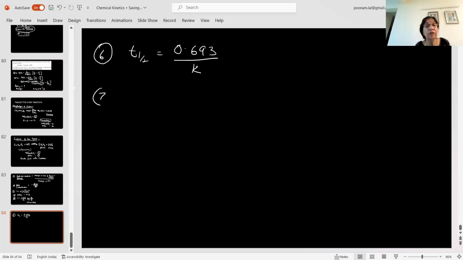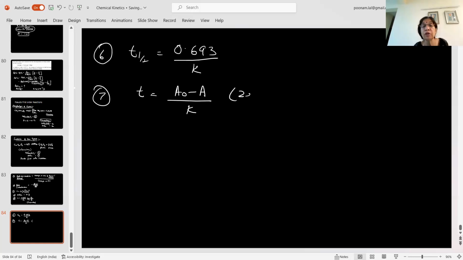Then the seventh formula that we need to learn is for zero order reaction. For zero order reaction, t is equal to A0 minus A upon k.